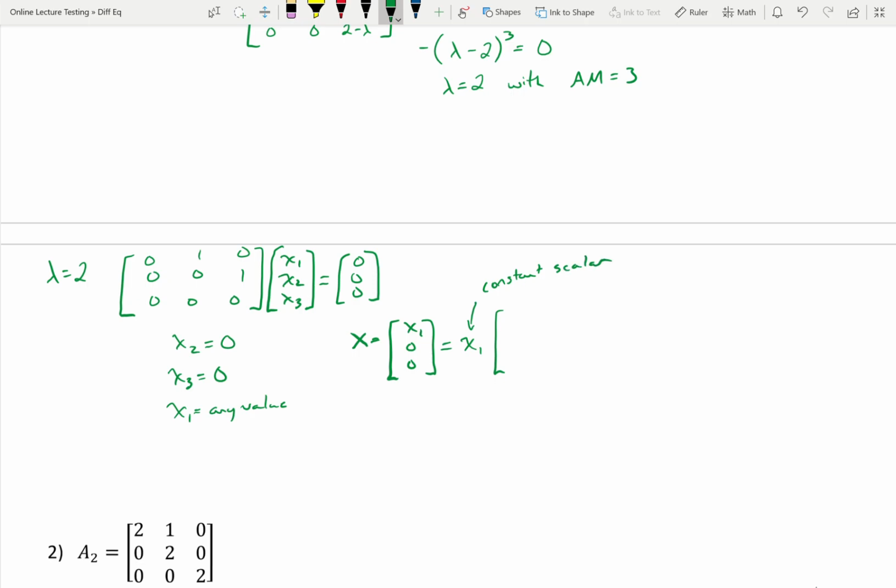And so we're left with 1, 0, 0. So in the end, let x1 equal a. So a times the bolded x. This bolded x here is our vector, our eigenvector.